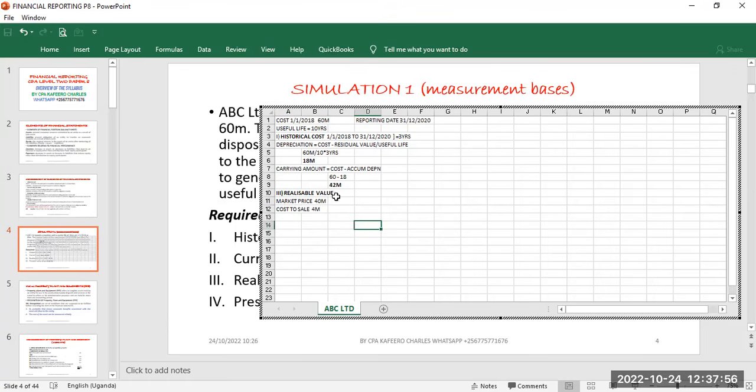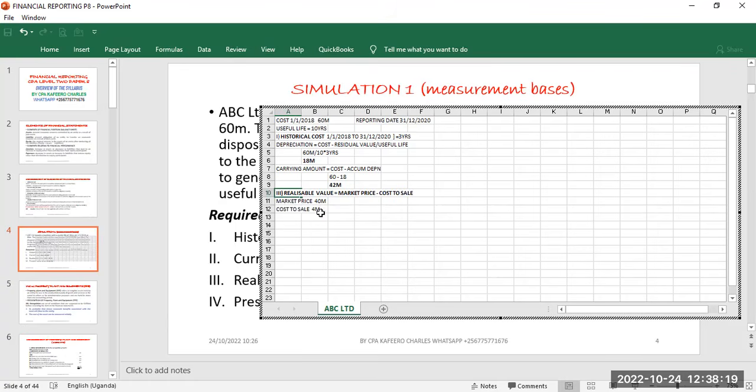So to get our realizable value, this will equal the estimated market price minus cost to sell.